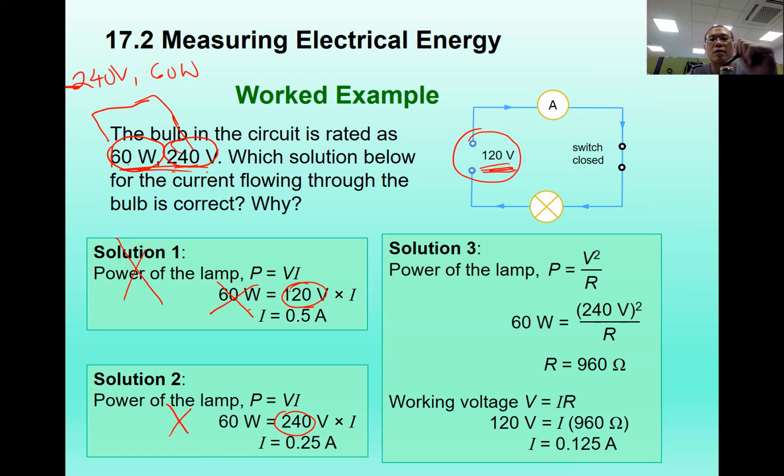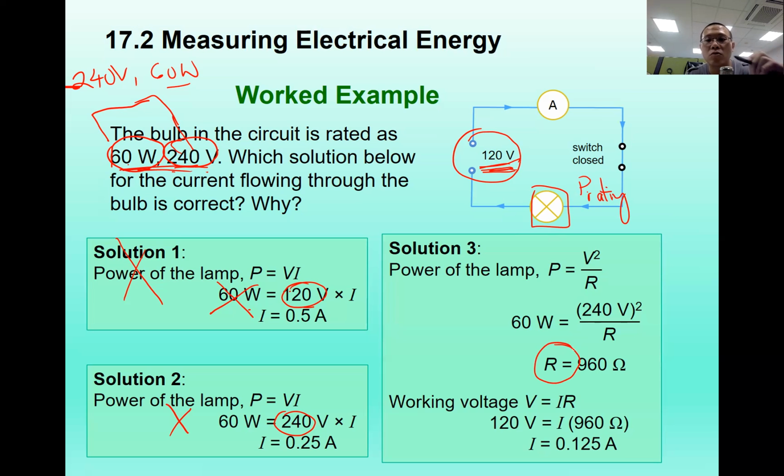So go back to basics. Always look for the characteristic of this light bulb. Between 240 volts at 60 watts and 120 volts, what is the power here? The only thing common between these two is that they use the same light bulb, which means the characteristic we are talking about, the resistance of the light bulb, is always the same whether I use 240 volts or 120 volts.